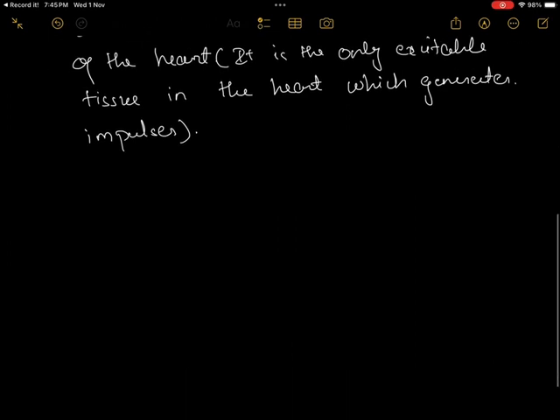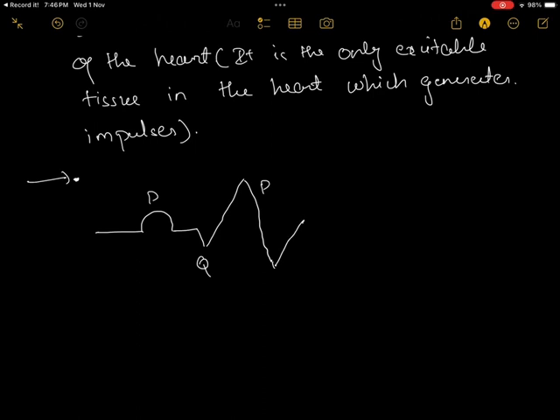So let us go. The first point that comes here is that this phenomenon is demonstrated in a stated form. If we take it in terms of ECG, as you know about the ECG record, the normal ECG record will be like this. This is the P wave, this is the Q wave, and this is the R wave, this is the S wave, and this is the T wave.